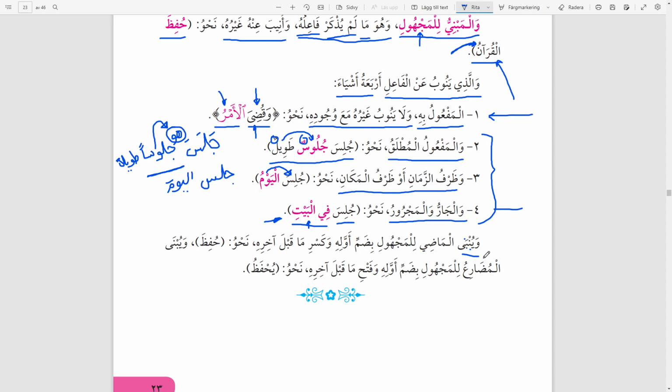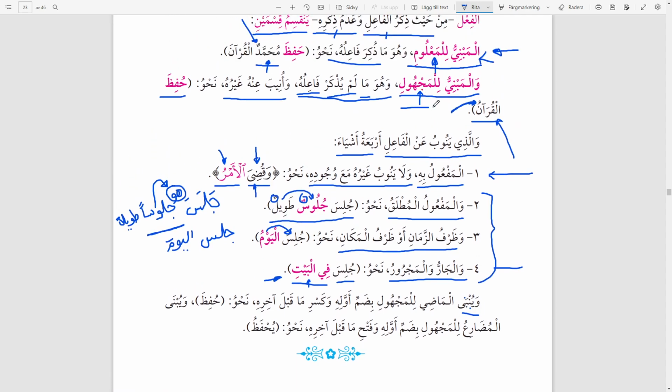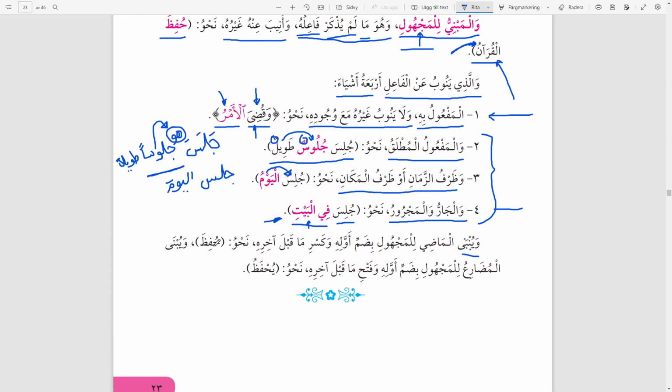How do you express words like being in مبني للمجهول? Because المبني للمعلوم is the standard, right? So for example, you have حفظ, and so on. Let's take حفظ.